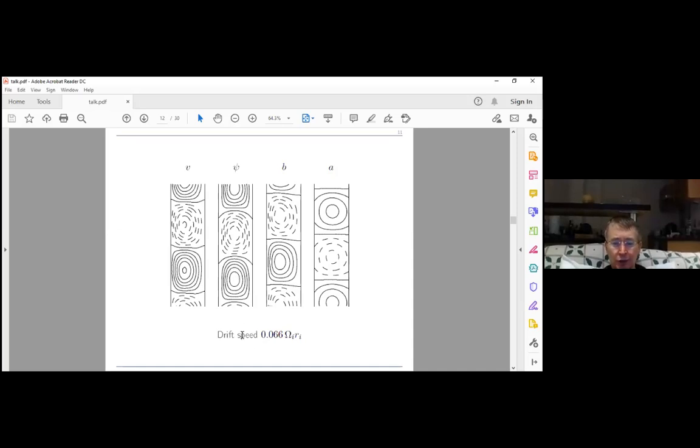And one important point to note is that unlike either non-magnetic Taylor vortices or the standard MRI, which are just stationary patterns that sit there in space, this so-called MRI drifts in the axial direction. So the entire pattern just drifts upward or downward. And there's a reason for that. It's because when you add that azimuthal field, the previous up-down symmetry in the problem gets broken.